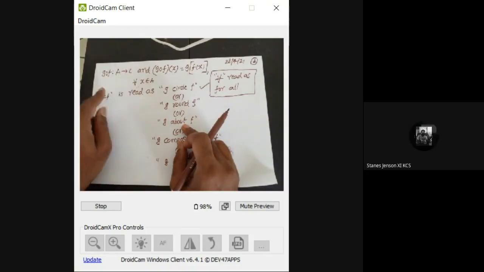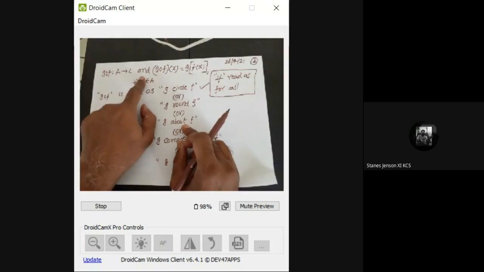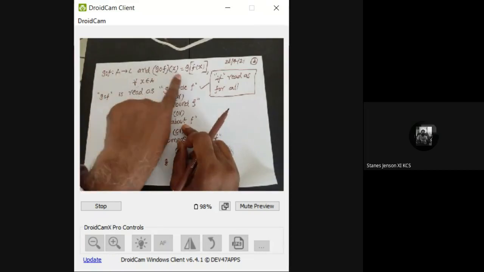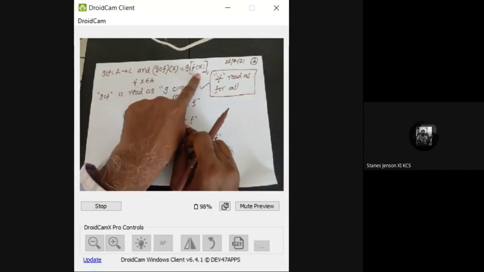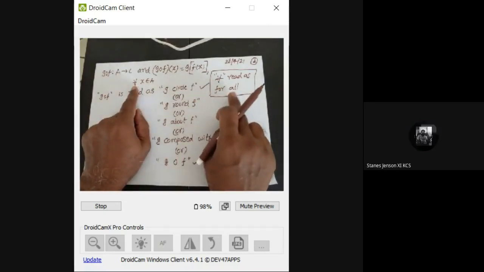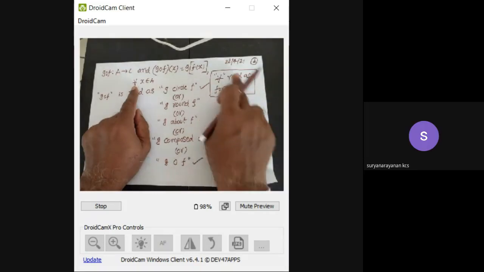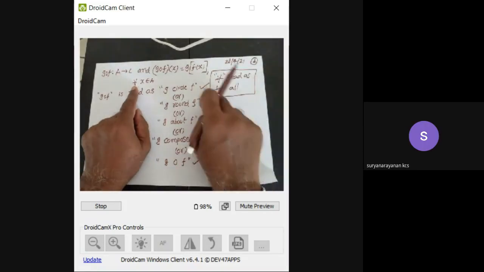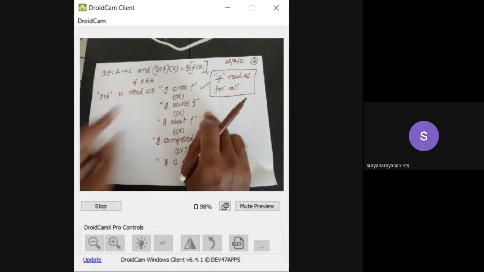G circle F is a mapping from A to C, and G circle F of X is equal to G of F of X, not belongs to C, for all X belongs to A. I wrote here clearly on this same screen.